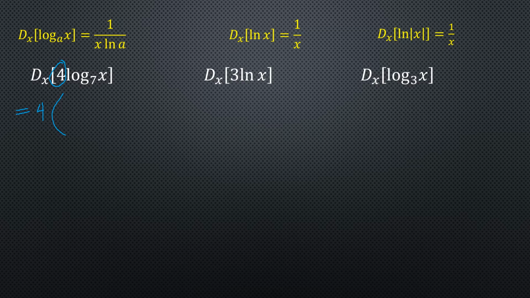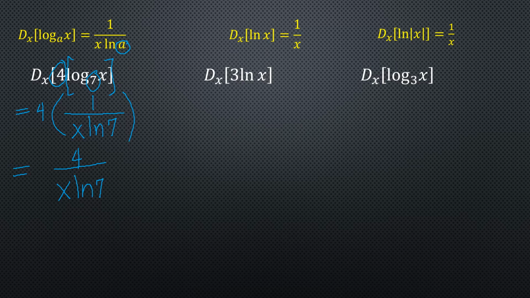We factor out and bring out 4 and we're going to get the derivative of logarithm of x to the base 7. The base is 7, so a is equal to 7, so we have 1 over x ln of 7. Then we multiply 4 to 1, so that will be 4 over x times ln of 7.